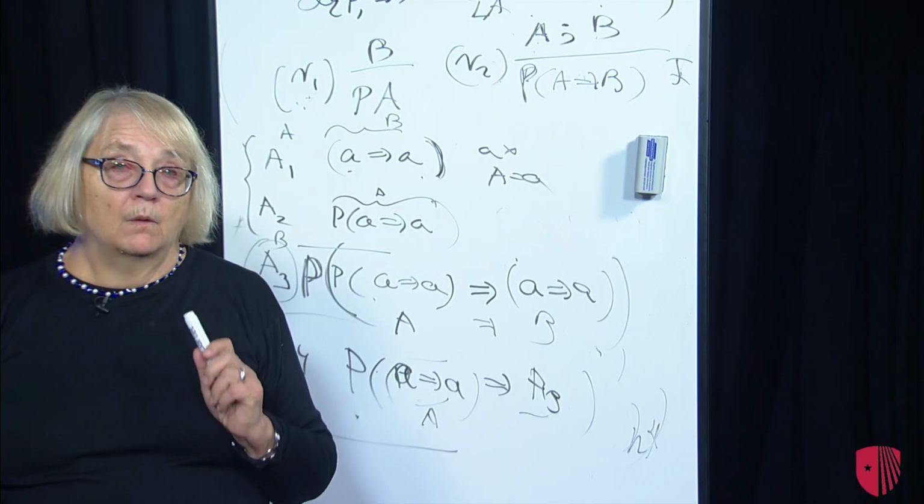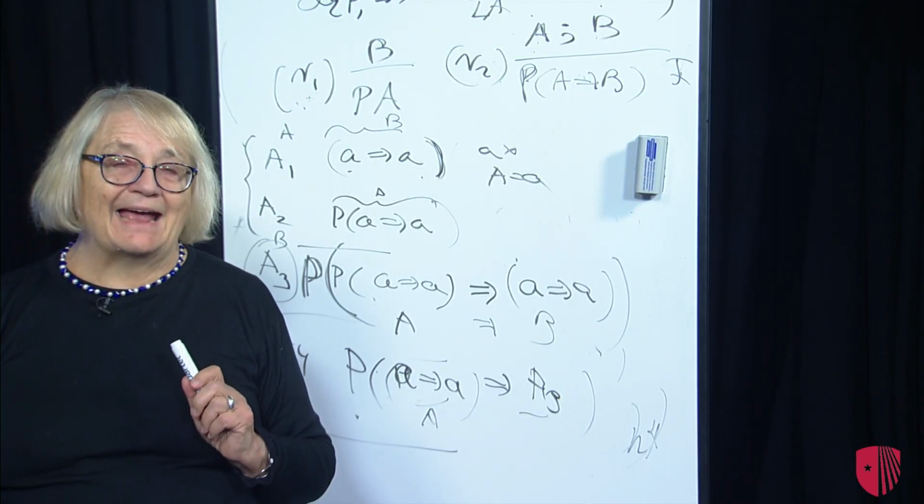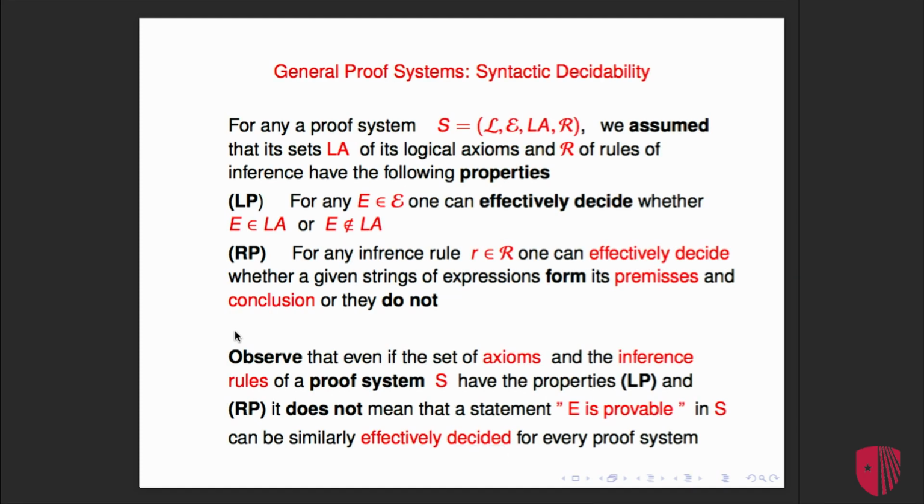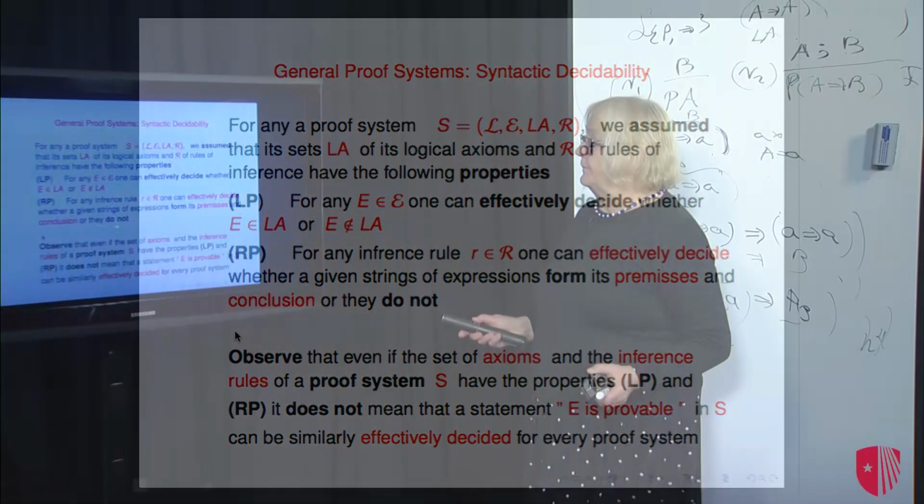Okay, the next important subject is syntactic decidability, because it's very important for automated theorem proving. So let's think about decidability in a general sense. For any proof system, we assume two properties, which we already assumed.